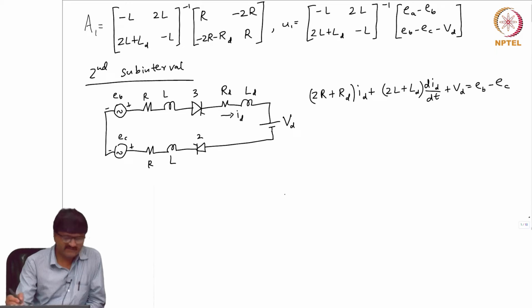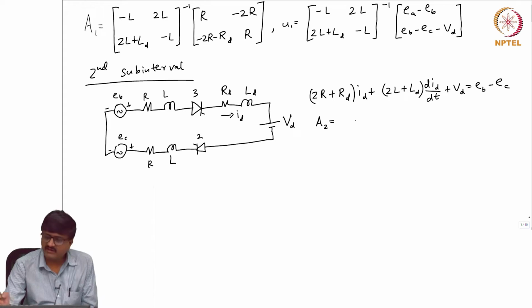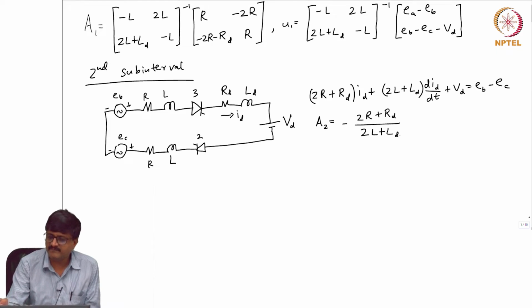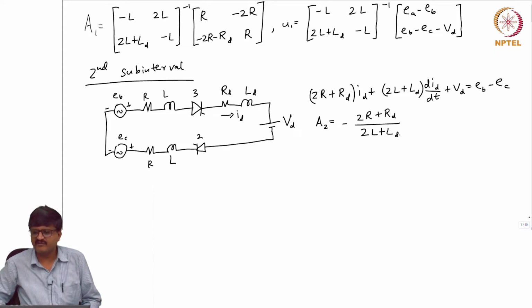If I write this in the standard form, I have dID by dt on the left hand side and the remaining terms on the right hand side. So, I get A2 as minus 2R plus RD divided by 2L plus LD. I am straight away writing A2. A2 is nothing but the coefficient of ID when I write this equation in the standard form.